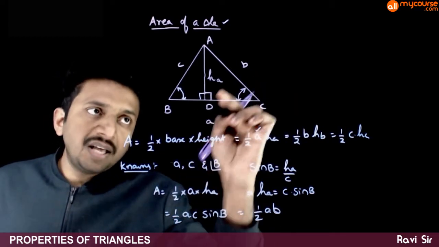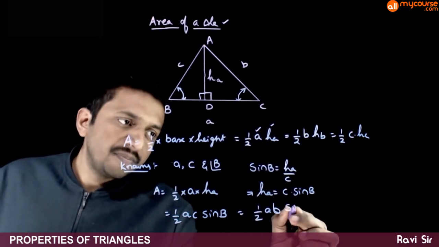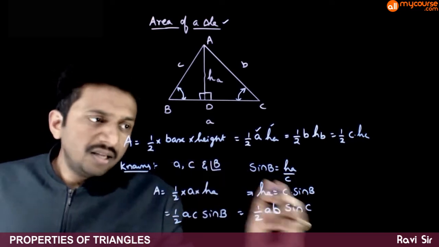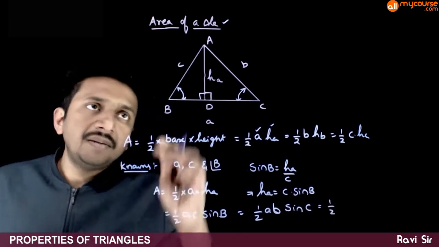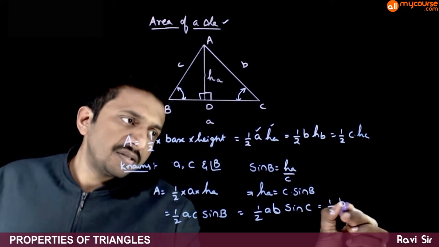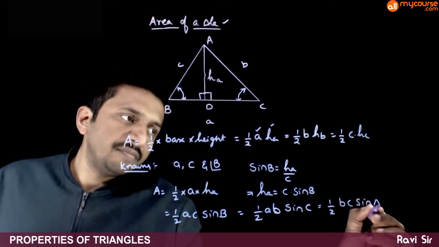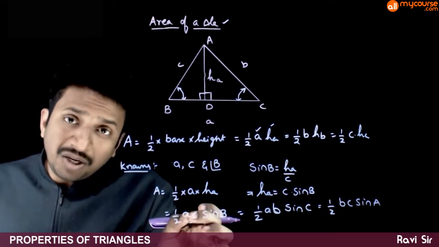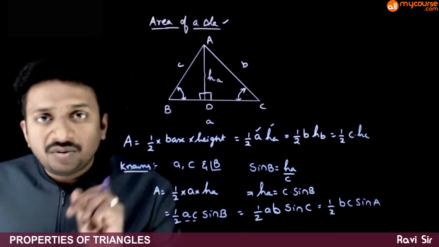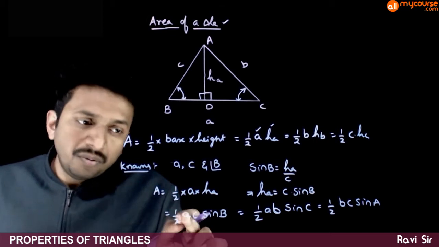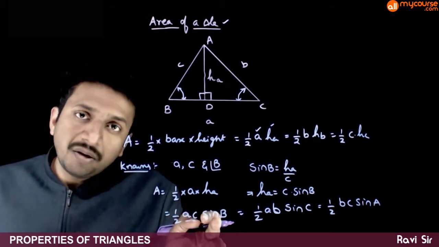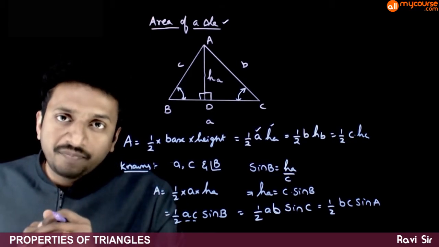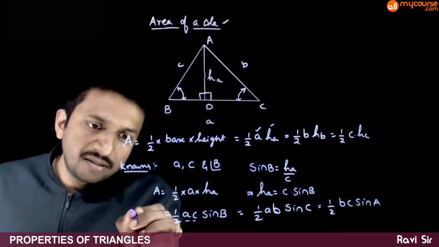So half times a into b times sine C is also the area of triangle, and this can also be written as half times bc times sine of A. Whatever two sides are known, you need to know the included angle between those two sides. Half into product of two sides into sine of included angle between those two sides is also area of a triangle. So this is the second set of formulas.